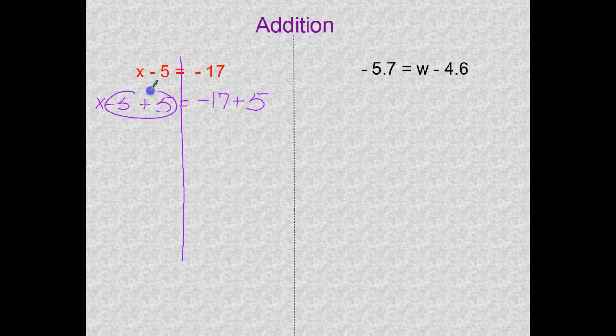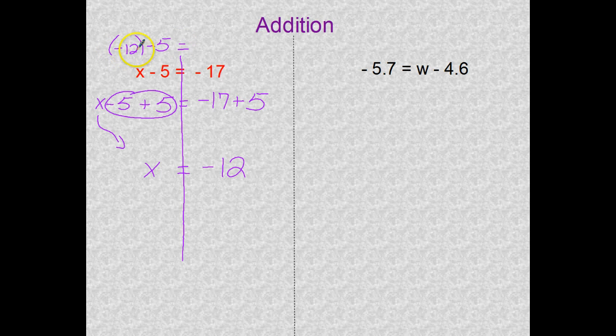Negative 5 added to 5 is 0, so that has been eliminated, and I'm left with x equaling whatever negative 17 plus 5 is, which happens to be negative 12. And if you'd like to check your solution, you take the x value of negative 12 and put it back into the original problem and follow the operations as they state.